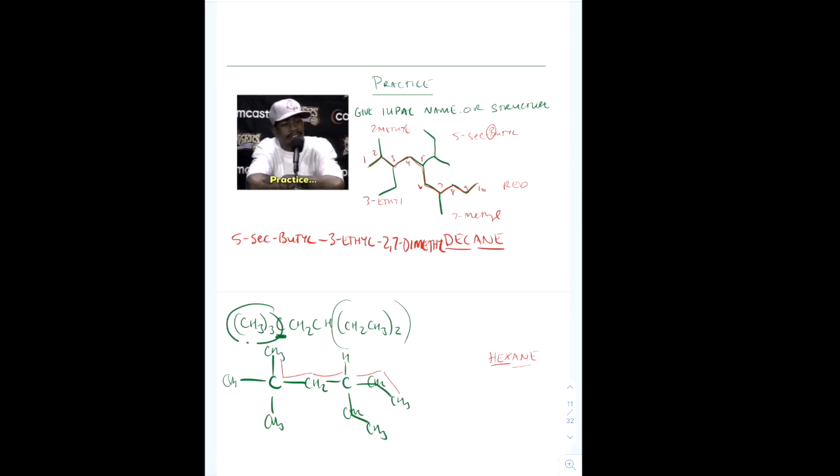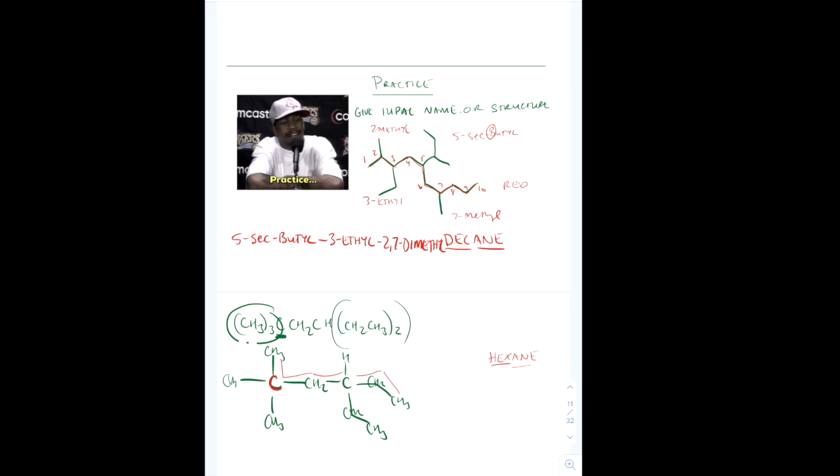And then we have to number our carbons first, and then our substituents. Remember, we want to give the lowest number to the first branch point. If it's equivalent, then you look at the second branch point, and otherwise you can go by alphabetical order.